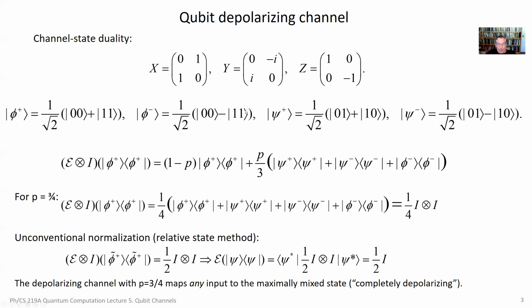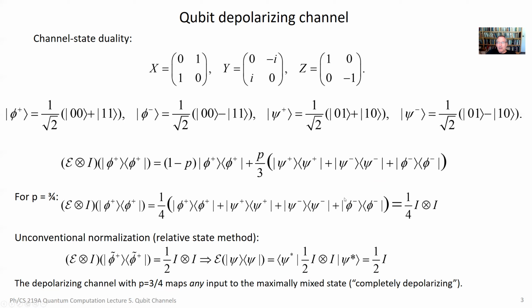And then the third possibility is the Y error, also occurring with probability P over 3. Because that both flips a bit and changes the phase, it maps phi plus to the state that I called psi minus, up to a phase. And that phase isn't going to matter when we look at the corresponding density operator. So under the Y error, projection onto phi plus gets mapped to projection onto psi minus.